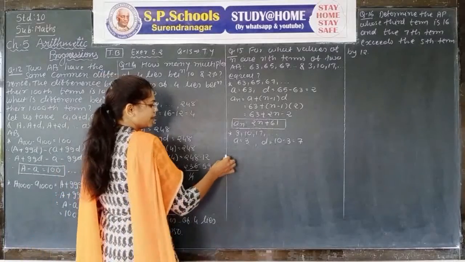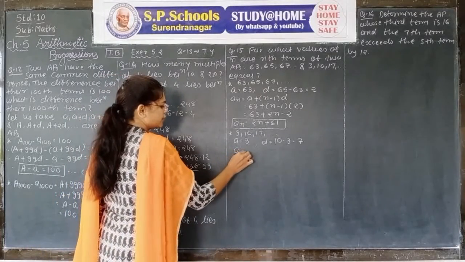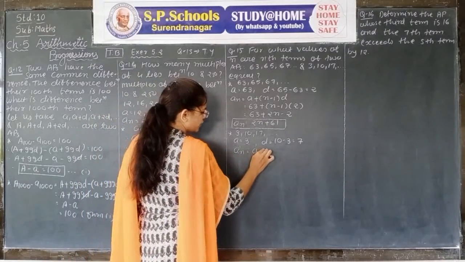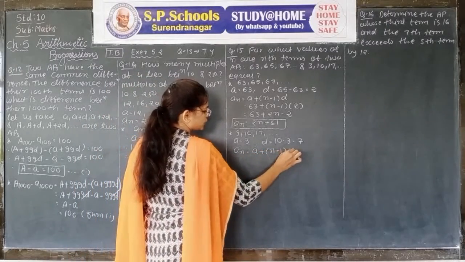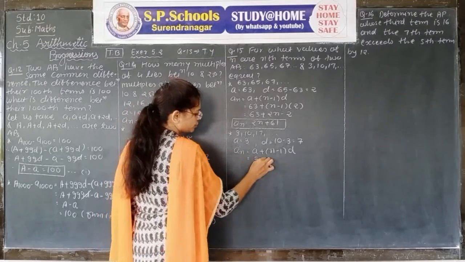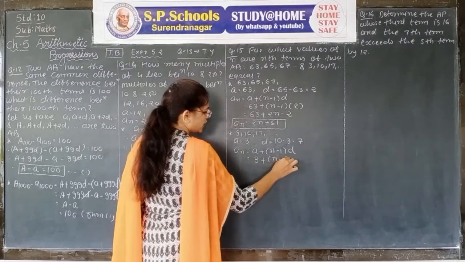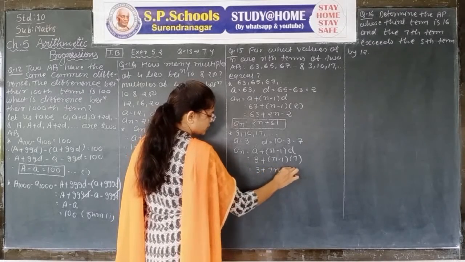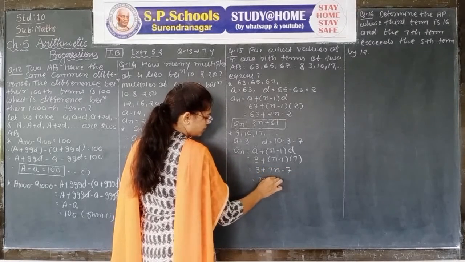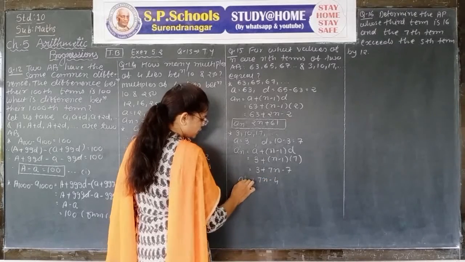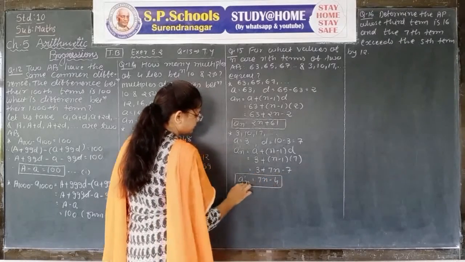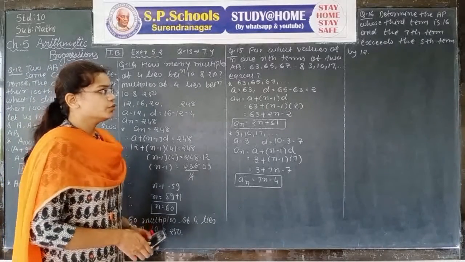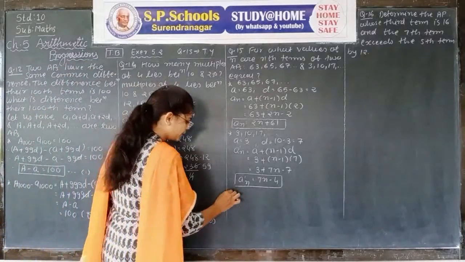Again we need to find the nth term, but it is different from the first AP, so A dash n is equal to A plus n minus 1 into D, where A is 3 plus n minus 1, and D is 7. 3 plus 7n minus 7 is equal to 7n minus 4, which is A dash n. Now, for what value of n the nth terms of both APs are equal, we compare both.